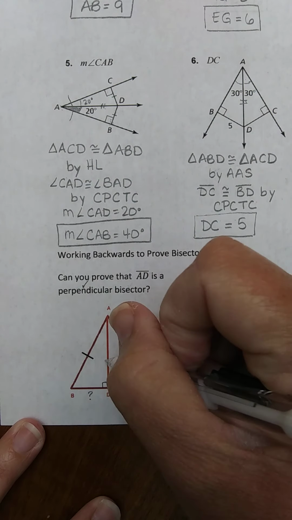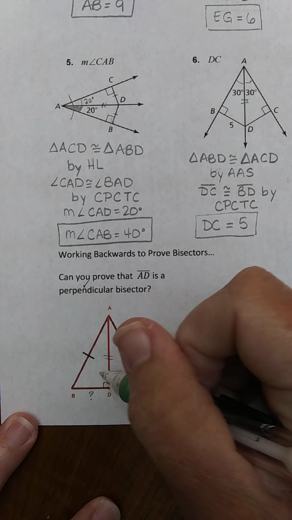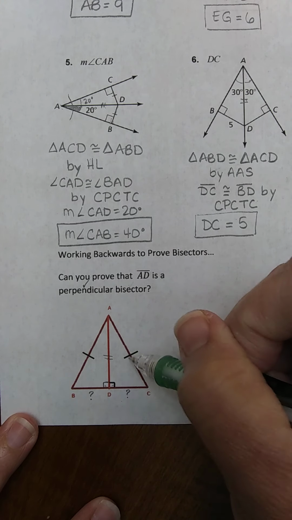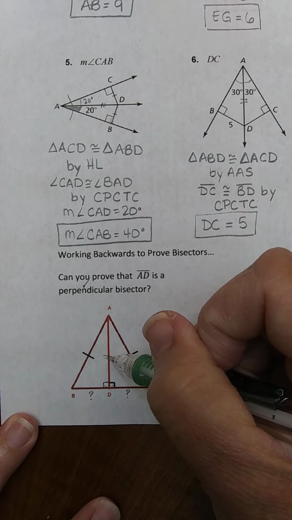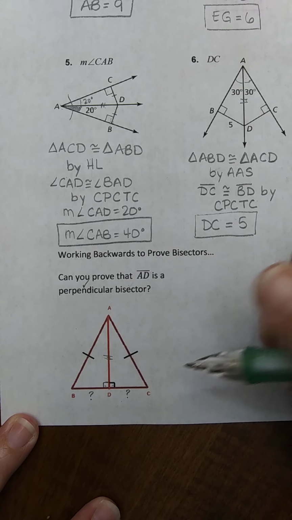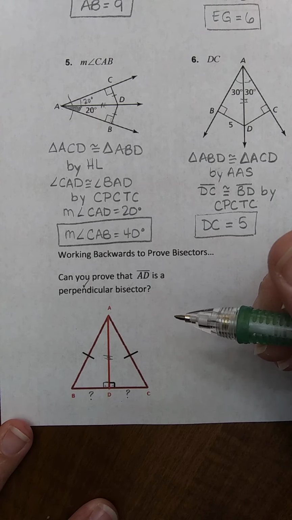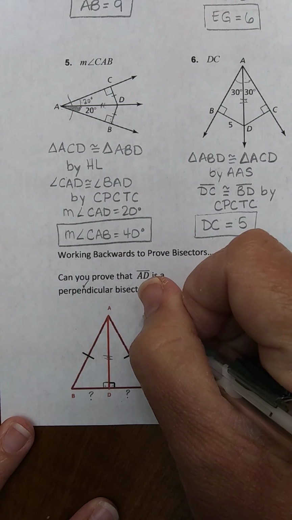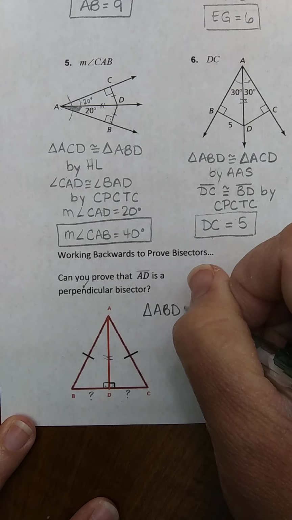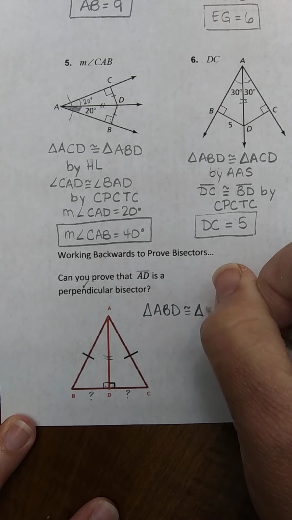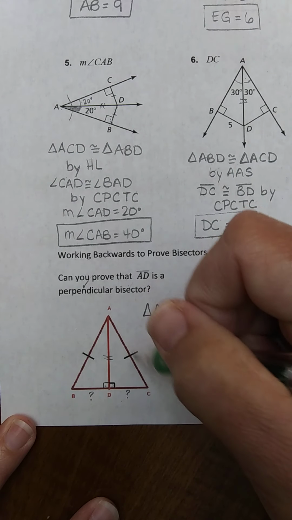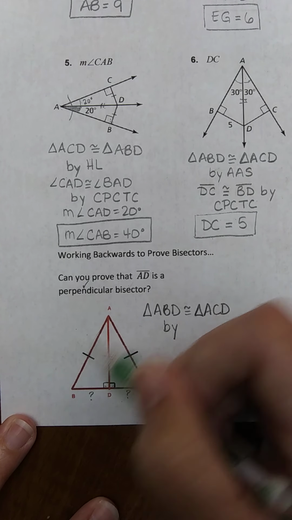Well, I've got two triangles. I've got a shared side here. Can I prove that these two triangles are congruent? I have a right angle, a side, and a shared side. AB and AC are the hypotenuse of their individual triangles, so I think I can use hypotenuse leg. I believe triangle ABD is congruent to triangle ACD because we have a hypotenuse and a leg, a hypotenuse and a leg.